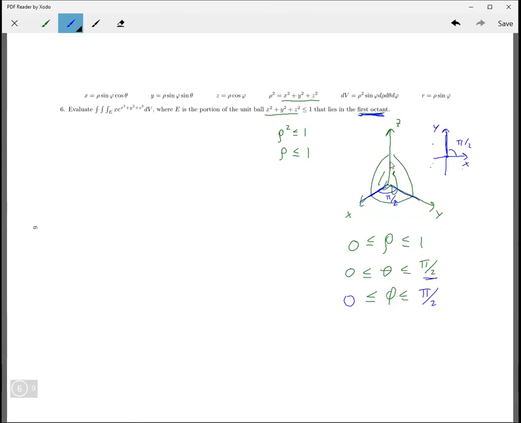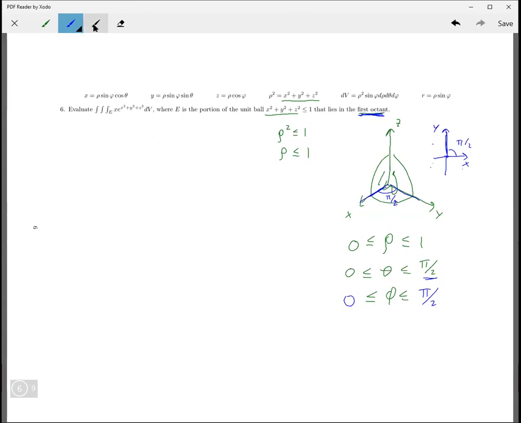Theta goes from 0 to 2 pi, so that's kind of confusing, but phi can only go from 0 to pi, because if you go to pi on phi, you're all the way to the negative z-axis. But we only want to go down to the xy plane, so that's going to be pi over 2. Okay, so we have those right there.